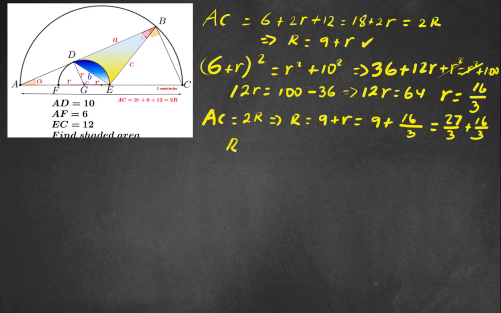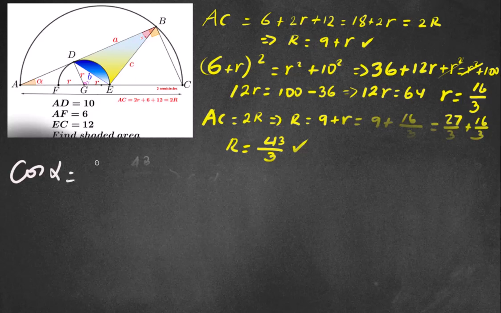All right, so we have small r and we have big R. We go back to our drawing and we try to find small a. How to find a here? We know that triangle ADG is similar to triangle ABC. Cosine alpha is then equal to AD over AG, which is also equal to AB over AC.